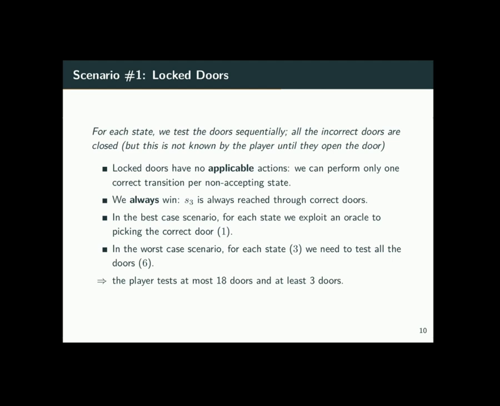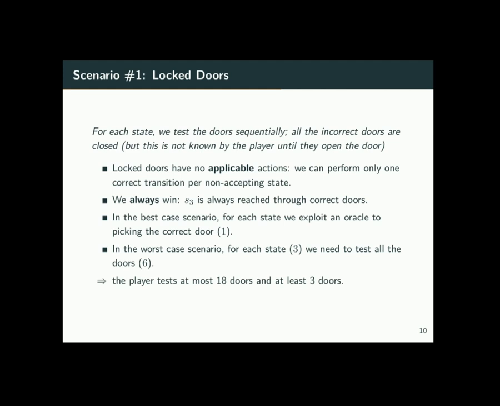So in the first scenario, you have the same configuration, but all the incorrect doors, so those not leading to the final goal, are going to be locked, and the only doors that I'm unlocking are the ones that are leading to the success of the game.